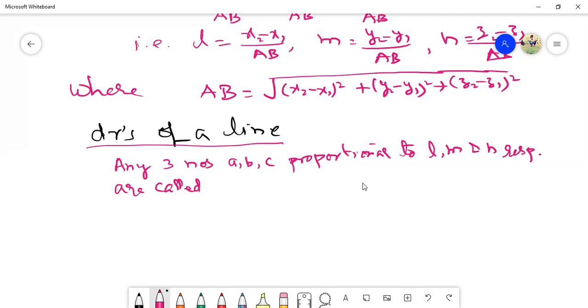Proportional numbers are called DRs of the line.